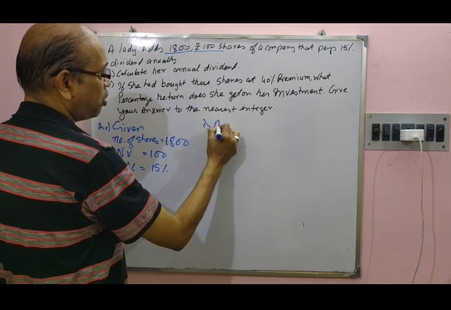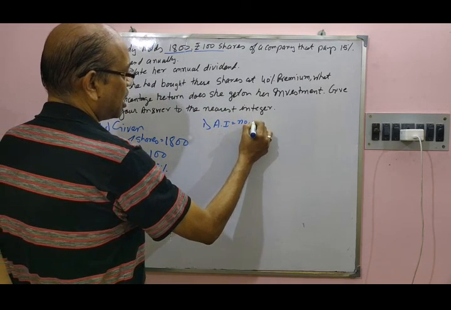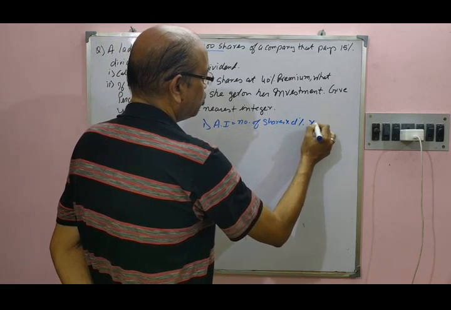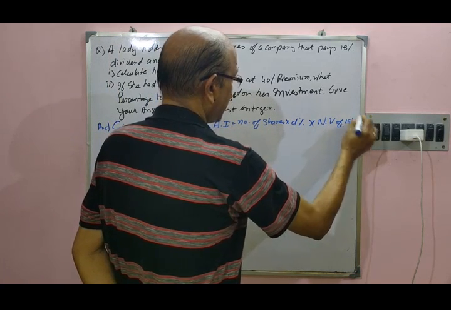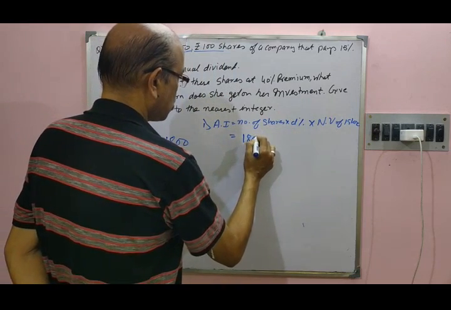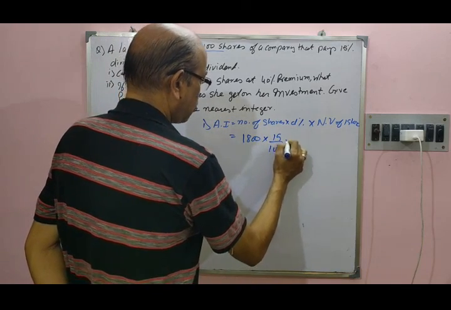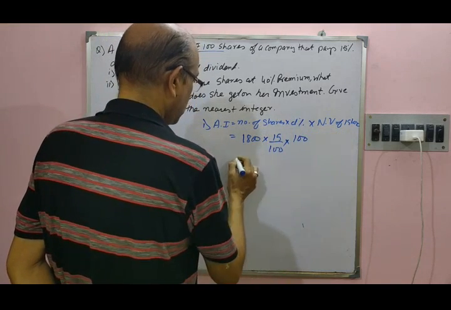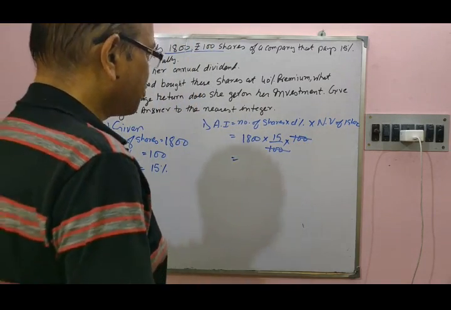Annual dividend or annual income is number of shares into D percent into nominal value of 1 share. The number of shares is 1800, D percent is 15%, and the nominal value of 1 share is 100. So how much is this? 15 into 18.